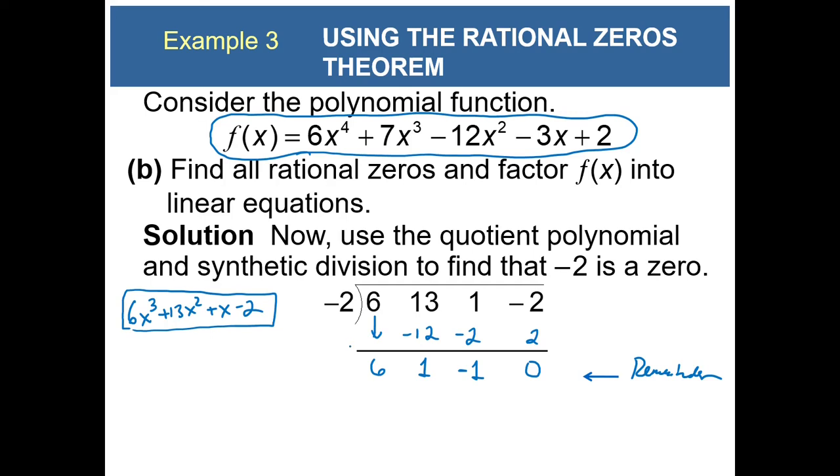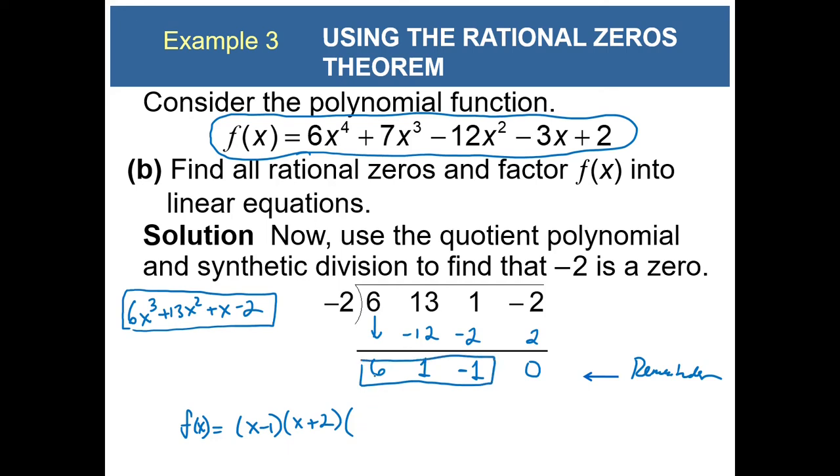This means that x plus 2 is a factor. And from earlier we had x minus 1 is a factor. And since x plus 2 is also a factor, we can write f of x as x minus 1 times x plus 2. And now we can translate this into a polynomial factor.